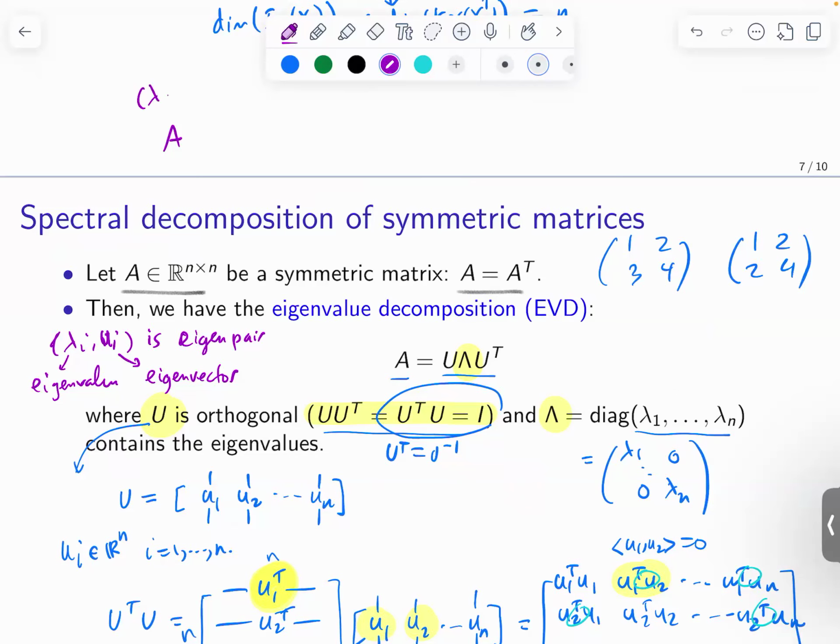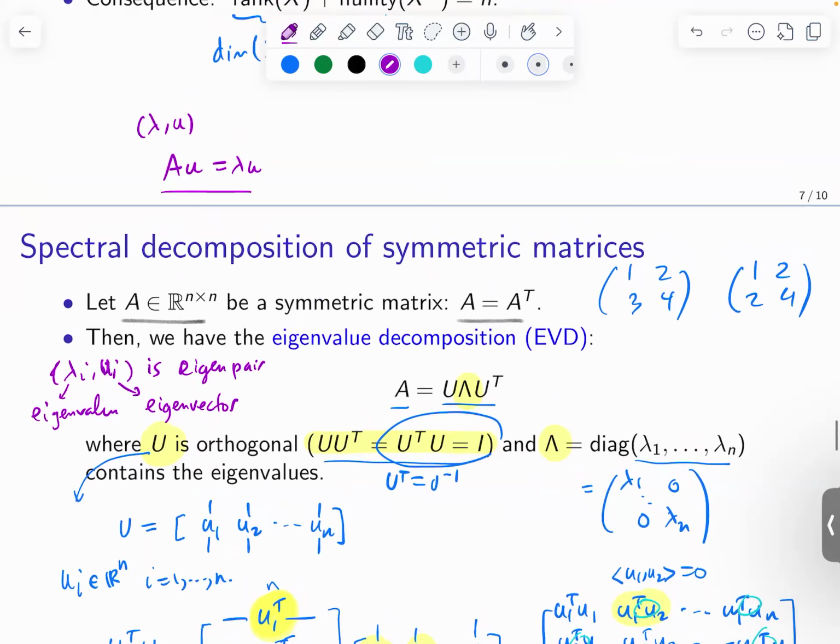Okay, so let's say lambda, u would be an eigenpair if A times u is lambda u. So this is the definition of an eigenvector. An eigenvector is a non-zero vector such that when I multiply A by u, I get a scalar multiple of u. That scalar is called the eigenvalue.